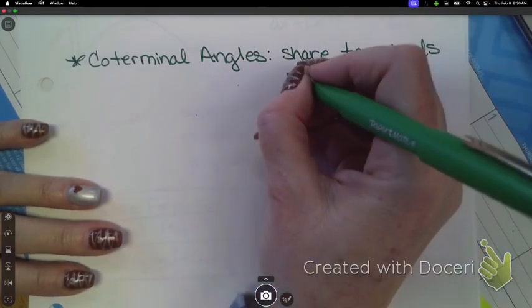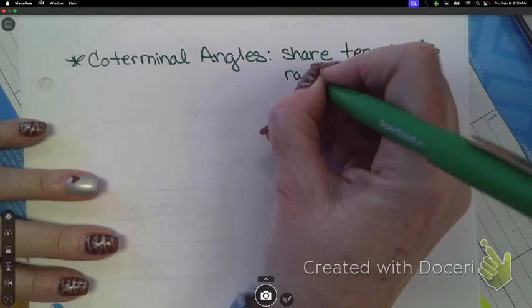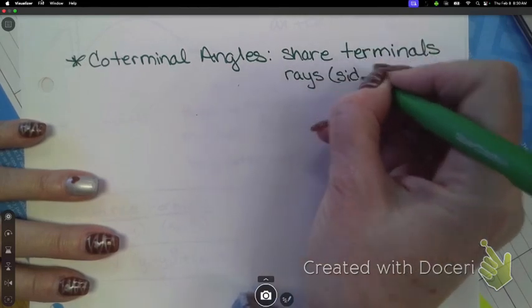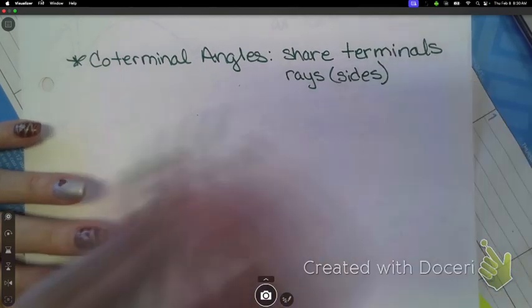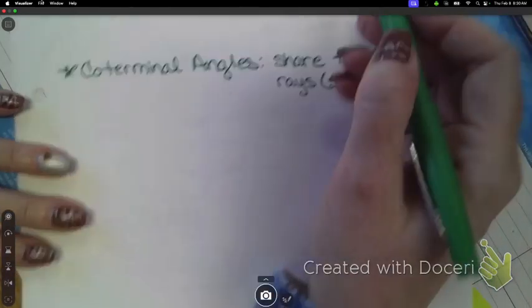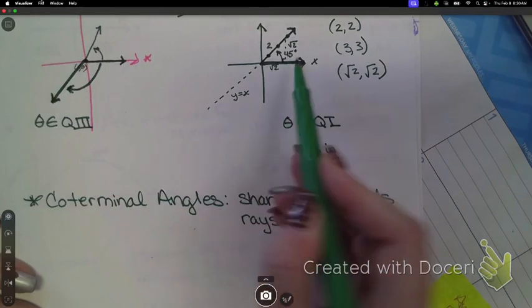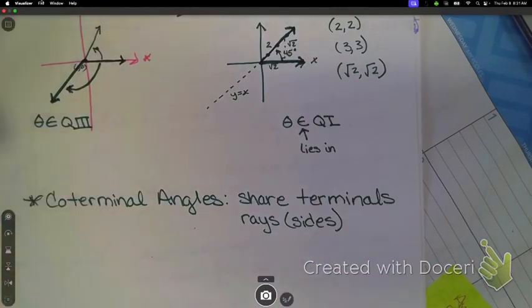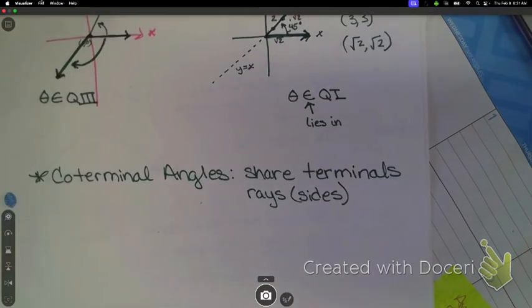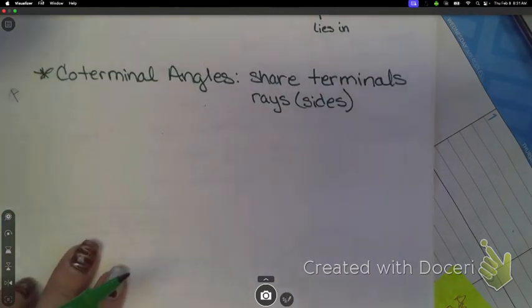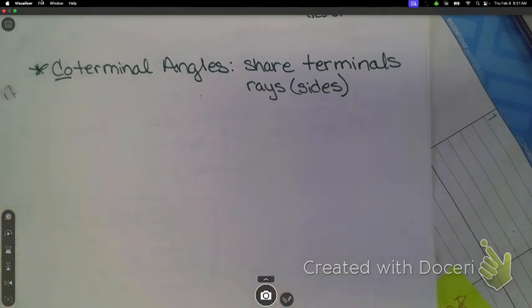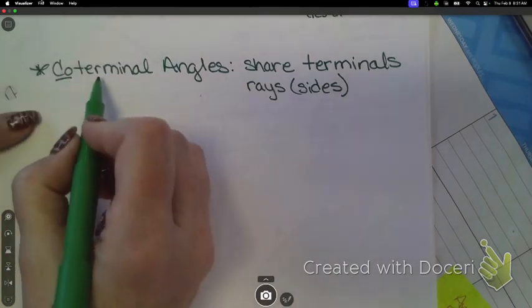I will usually say sides, but it is a ray. If you remember where the initial ray is, the terminal ray is where it stops. The terminal ray is what makes the angle, right? So co means share, correct? So they share terminal sides.